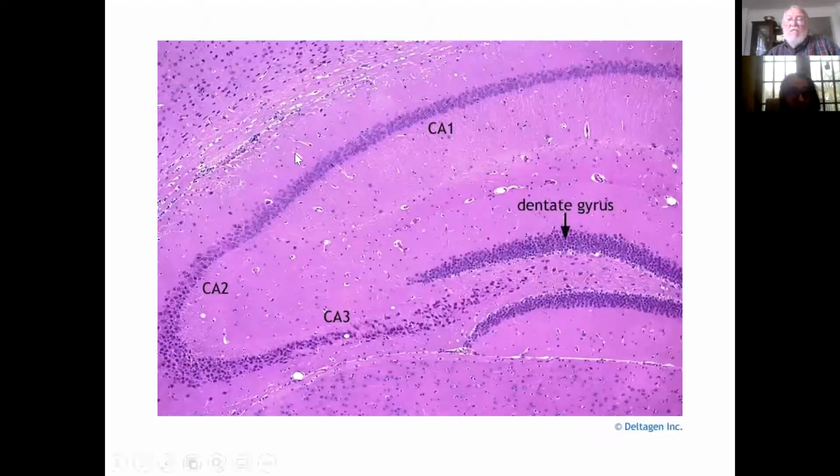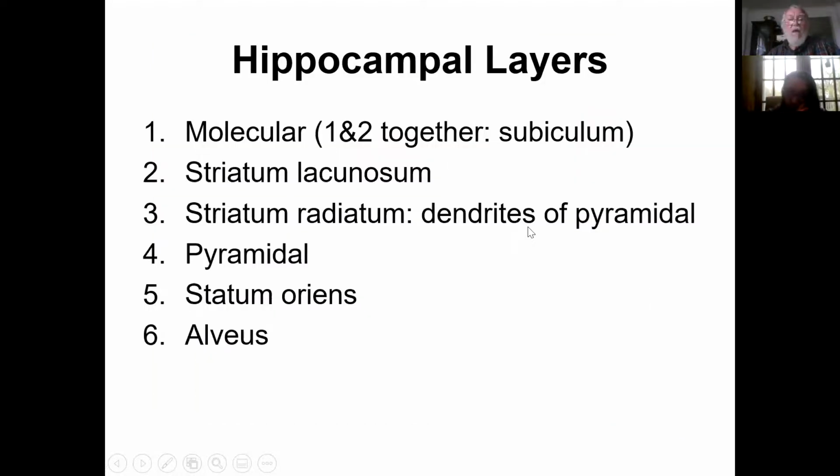The outermost layers, layers 1 and 2 of the hippocampus, are going to be on the dorsal surface at CA1. They're going to be on the medial surface of CA2. They're going to be on the ventral surface of CA3. And then they're going to be on the dorsal and ventral surface of the dentate nucleus.